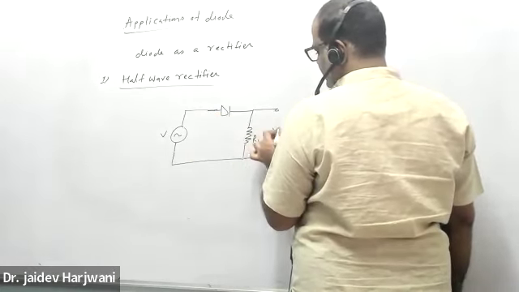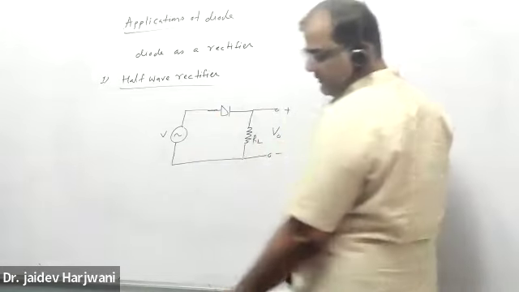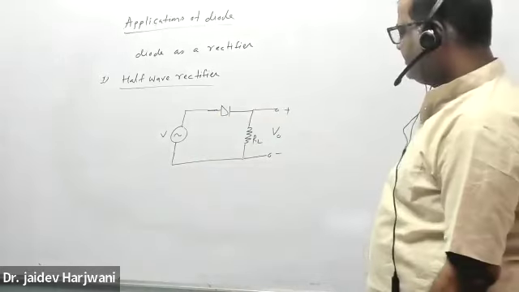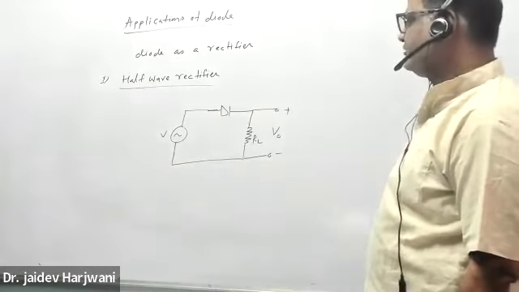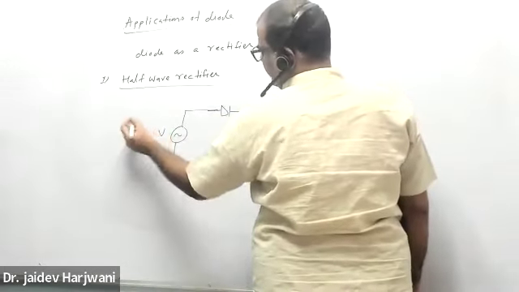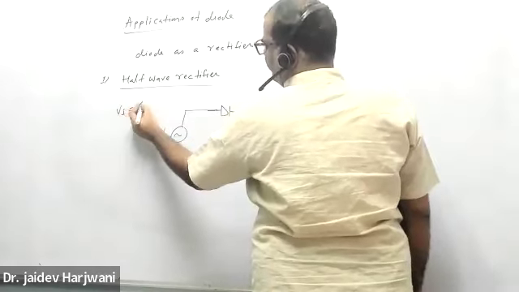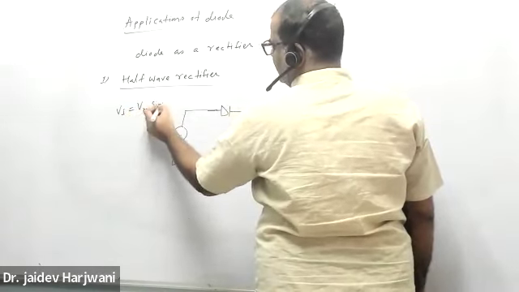Here you are measuring the output like this, your multimeter is kept. So we are measuring the voltage of this point with respect to this point. So now this is the V input, and V input is your Vm sine omega t.